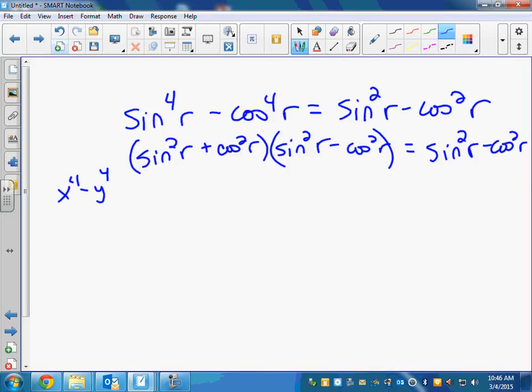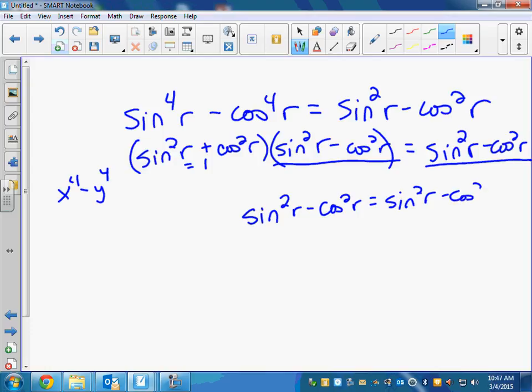We do, but looking at what's over here, we don't even need to factor the other difference of squares, right? We want this, we have this. How do I get rid of this? If I just equal 1, that's a Pythagorean identity. So that's it. That's your proof. It'd be awesome if your test was that easy tomorrow. Well, maybe it will be now.